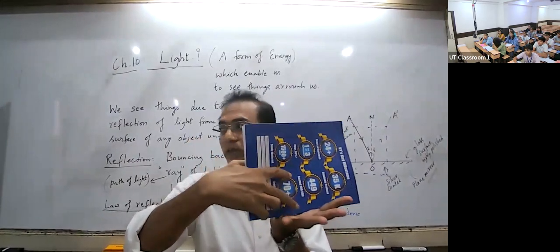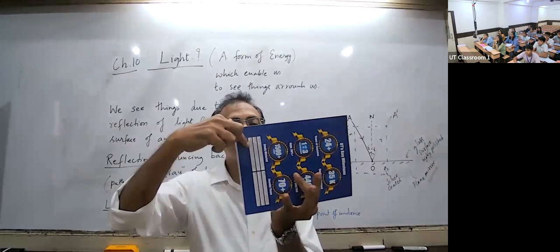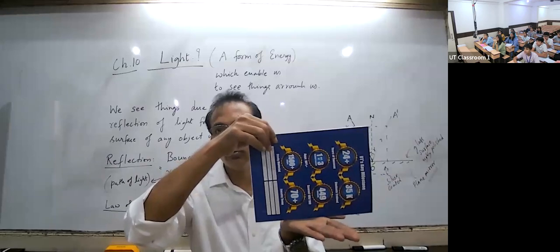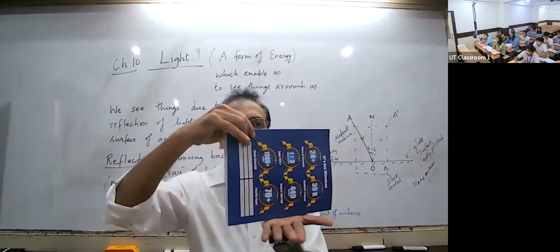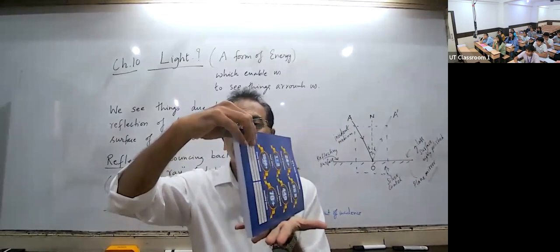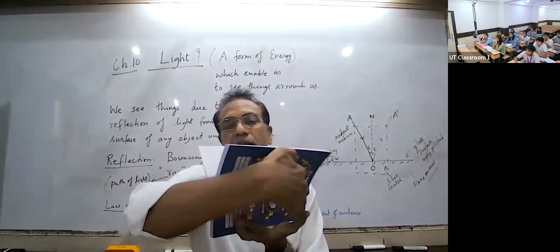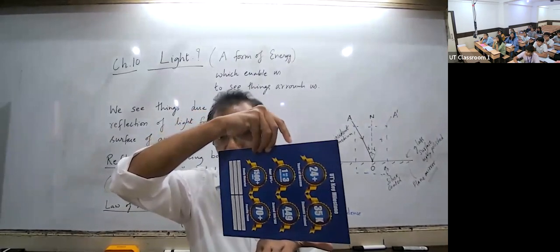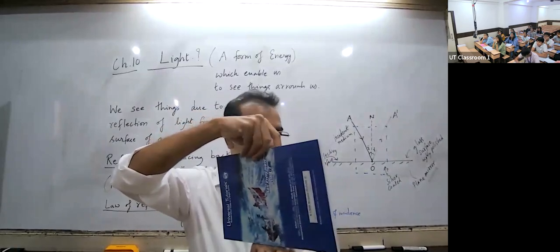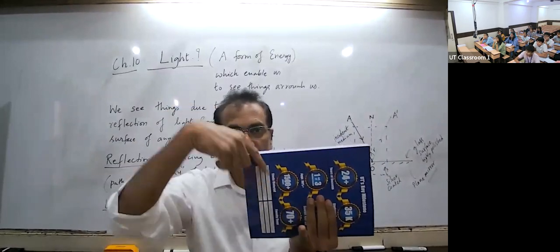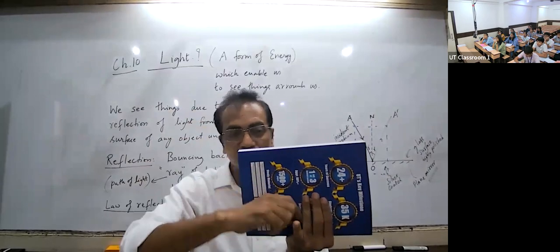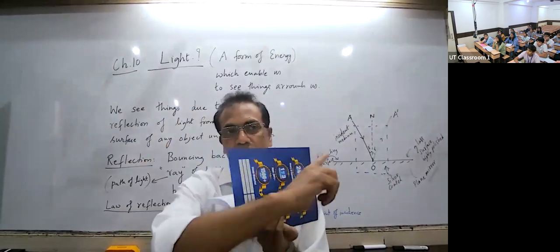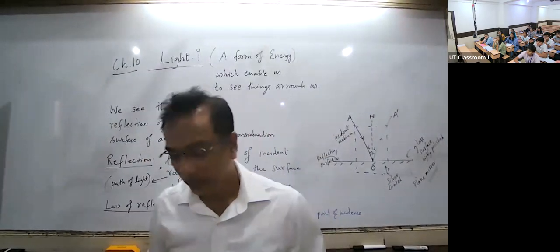The point of incidence is somewhere here. So if this is the plane, the incident ray is coming like this, and the reflected ray is reflected in the same plane. Now if I turn it like this, the incident ray and the reflected ray are still in the same plane. Can you see? Yes. If you rotate it by 360 degrees, the plane in which the ray is incident, it will be reflected in the same plane. It can't be incident in this plane and reflected in that plane. No, that's not possible.